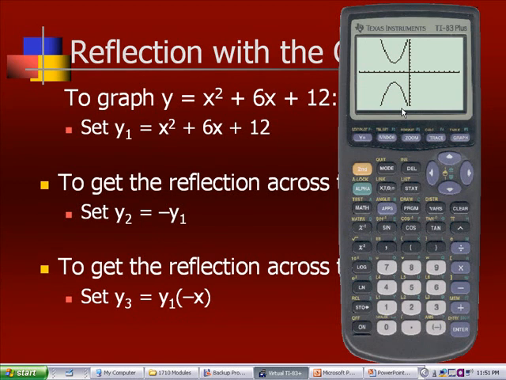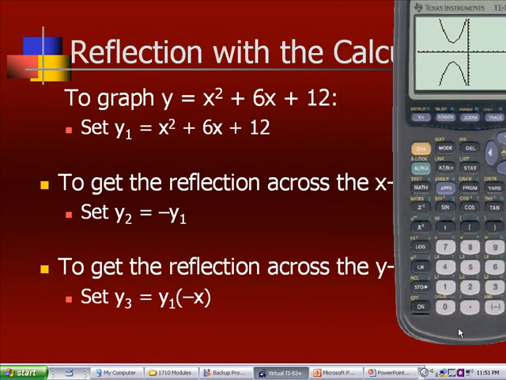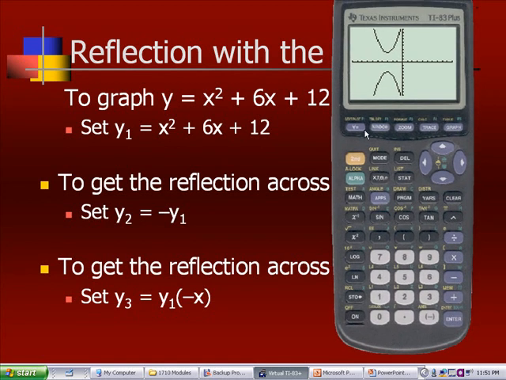Now, if we wanted the reflection across the y-axis, then we come back over here and leave y1 the same. And then what we're going to do is y1 and then in parentheses negative x.